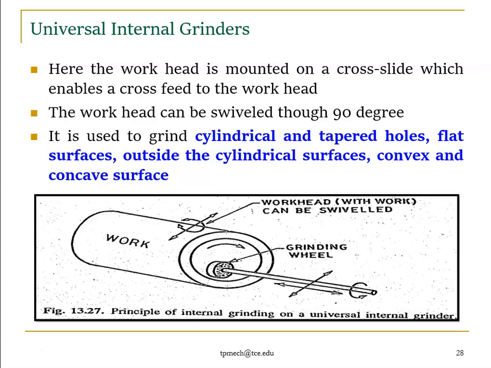The work head can be swiveled through 90 degrees. It is used to grind cylindrical and tapered holes, flat surfaces, outside cylindrical surfaces, and convex and concave surfaces. These are some of the examples. So the difference between plain and universal is the motion of the workpiece. Both have rotation of the workpiece, but in the universal, in addition to workpiece rotation, we have an in-feed movement of the workpiece.